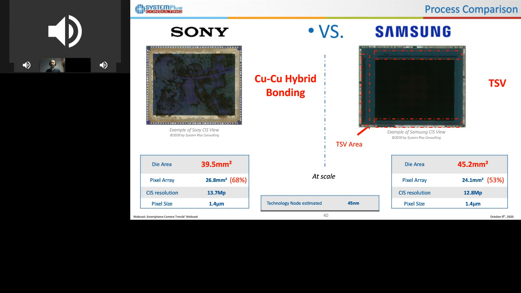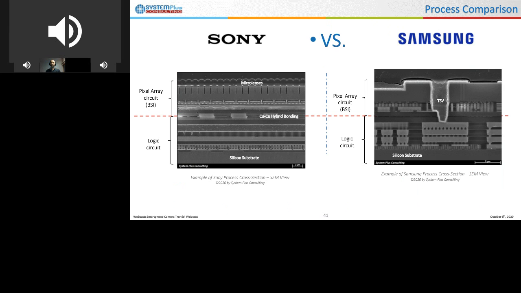The pixel array represents 68% of the die area for the Sony against 53% for the Samsung die. Here are two CMOS image sensor cross-sections with the same view to show the Sony process on the left and Samsung on the right.